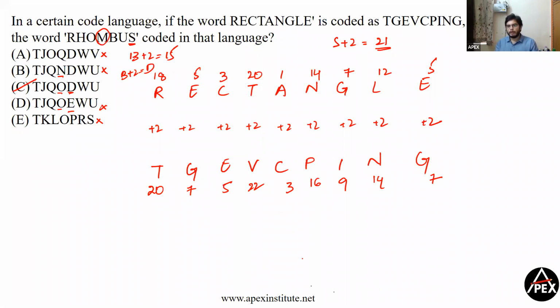So how many of you did it in this way? If I was given this question, I would have done it this way. Instead of finding the coded form of rhombus, I can go through eliminating the options. So in some questions you can go through options.